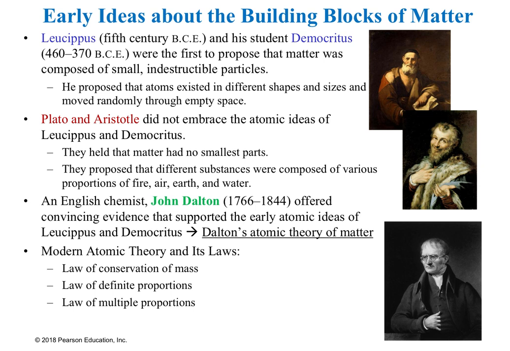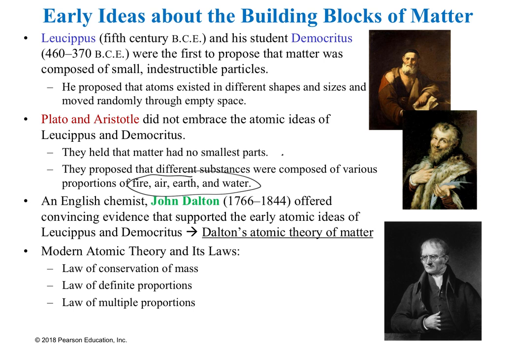And I don't want to overshadow Democritus as well. Then Plato and Aristotle did not believe this at all. They basically thought that there was no smallest part, that you can keep breaking it down infinitely, and that matter was made out of the different so-called elements: fire, air, earth, and water.